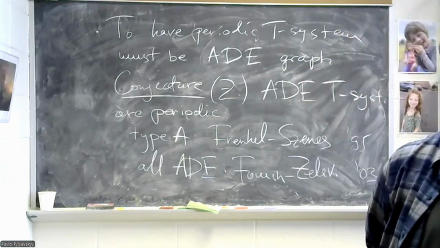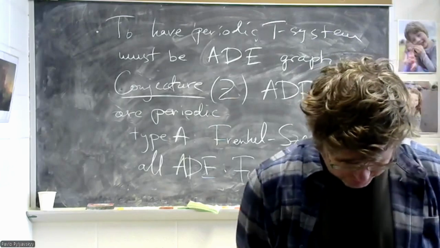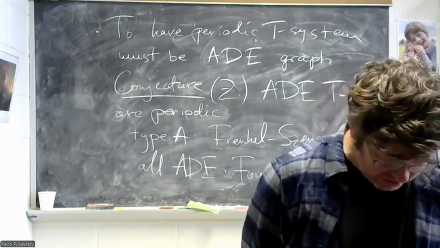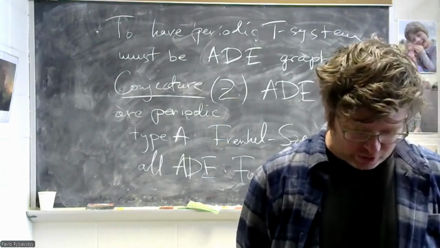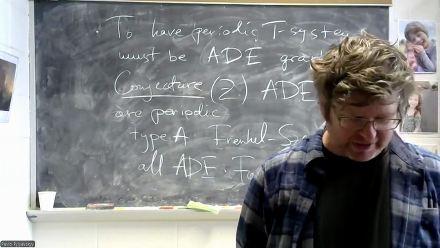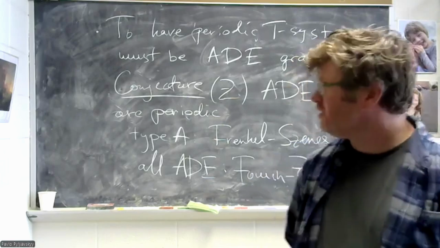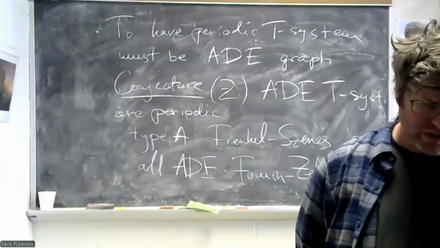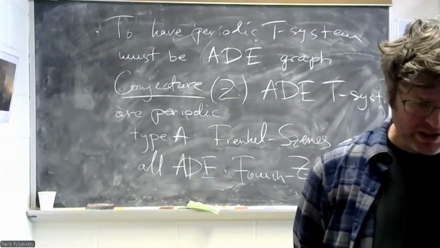They take a quiver and the representations associated to it, enrich it a little bit, and call it a cluster category. Inside this cluster category, this process has some meaning, and they prove things about it.